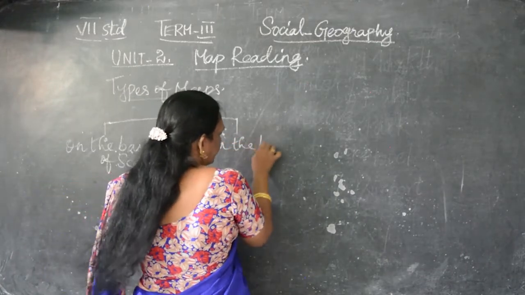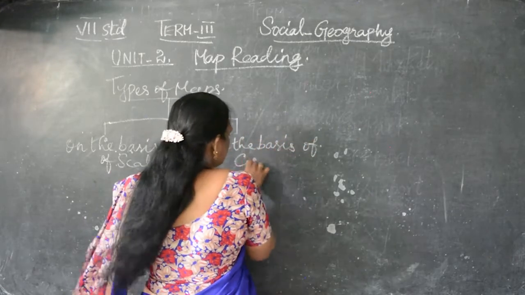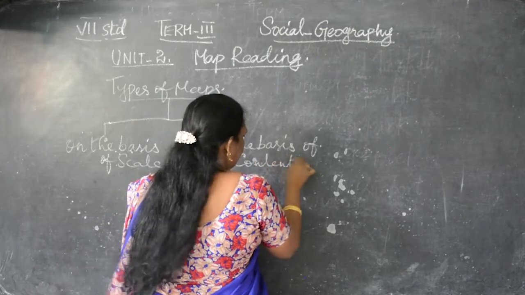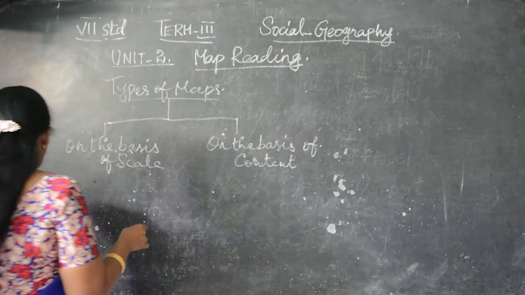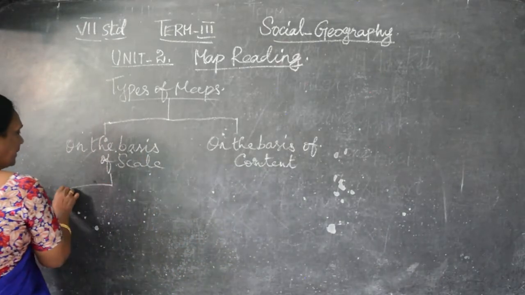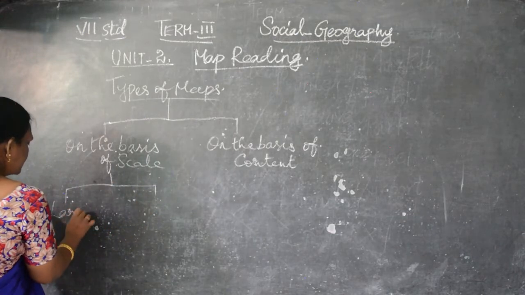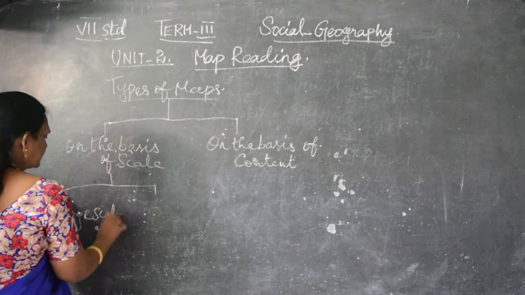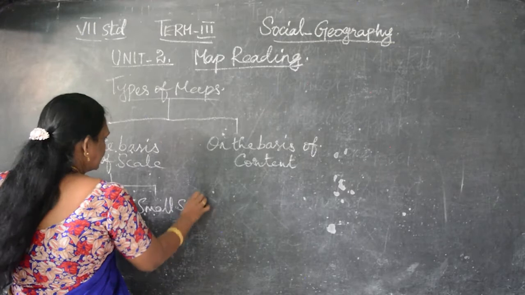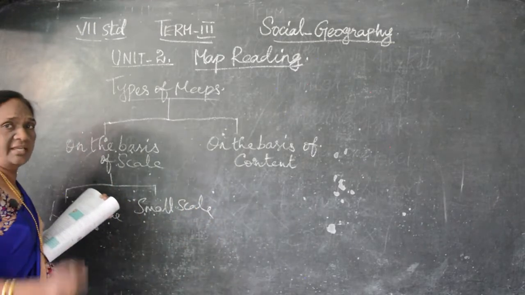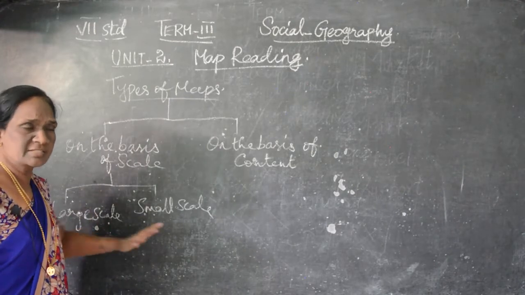On the basis of scale, we can divide into two: large scale map and small scale map. On the basis of scale, there are two types, large scale map and small scale map.